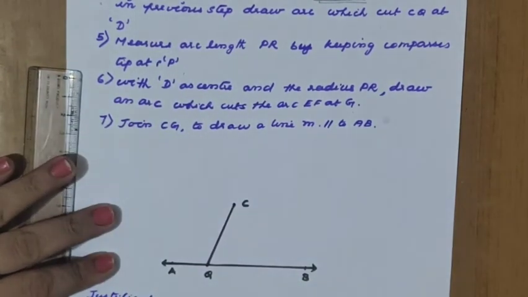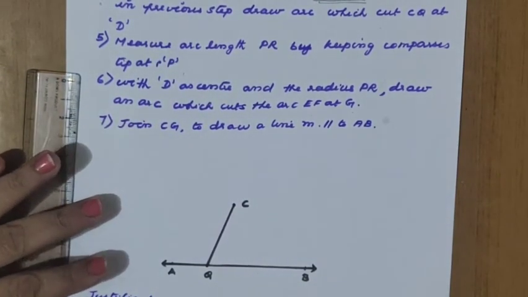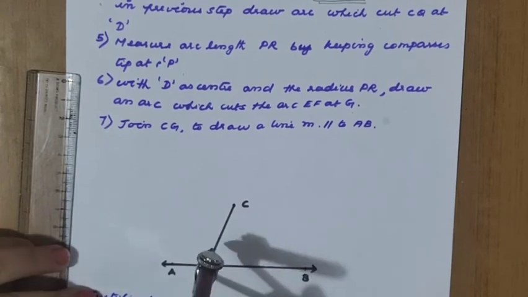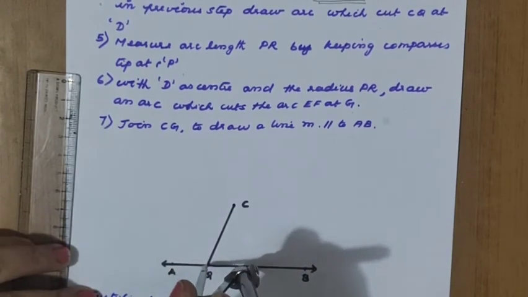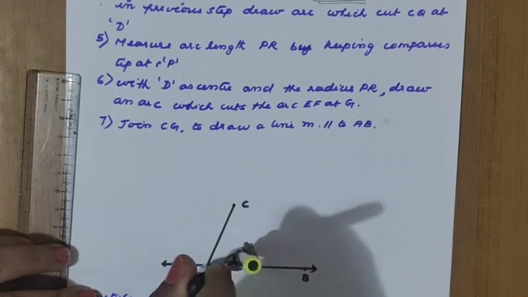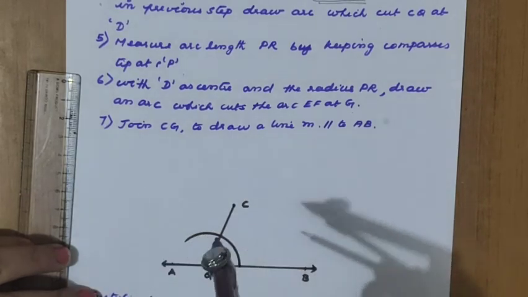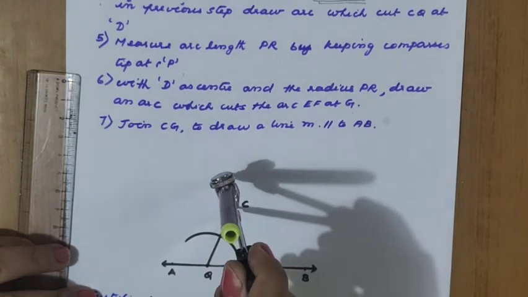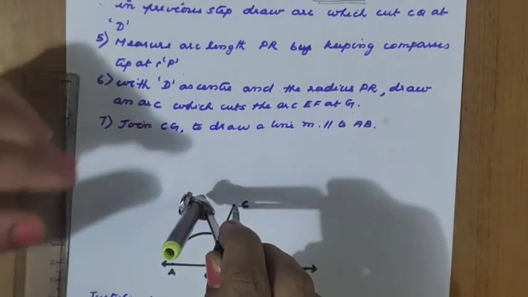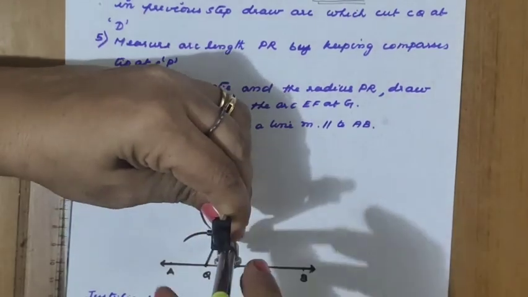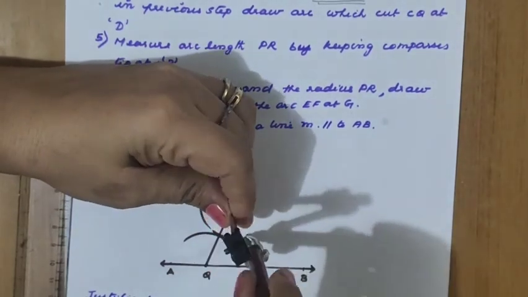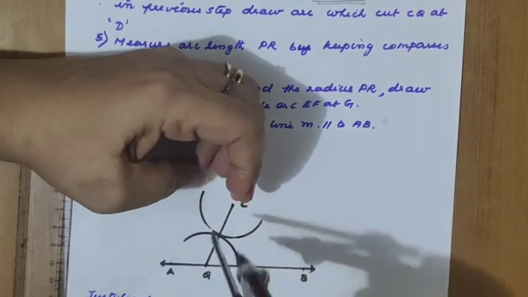Now again, what we should do: a convenient radius to be taken in the compass, and we have to draw an arc starting from the line AB. Okay, the same arc, we are not changing anything at C also, so left side. It's touching here, no problem.